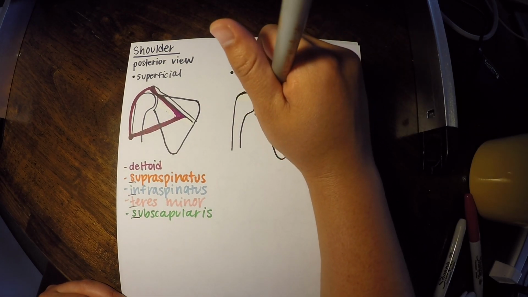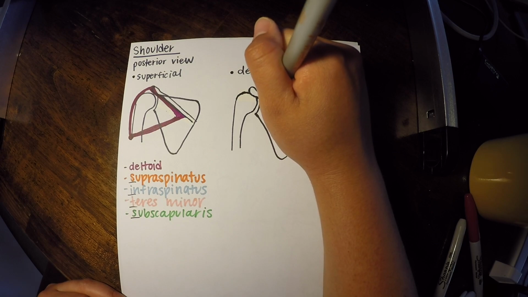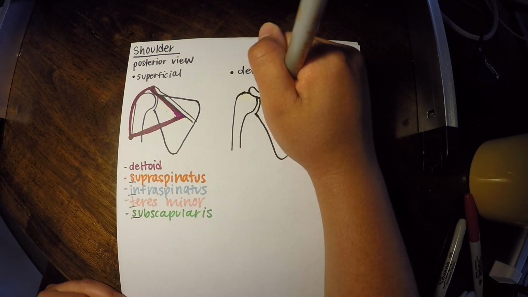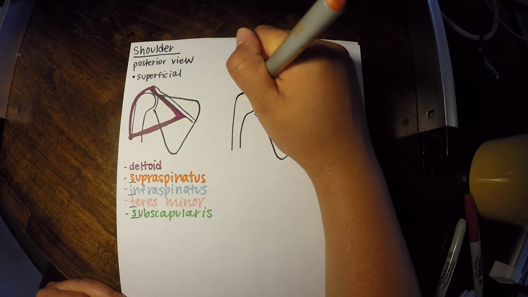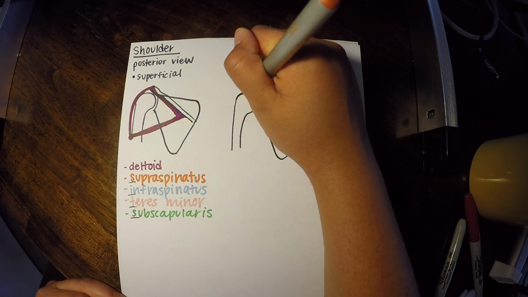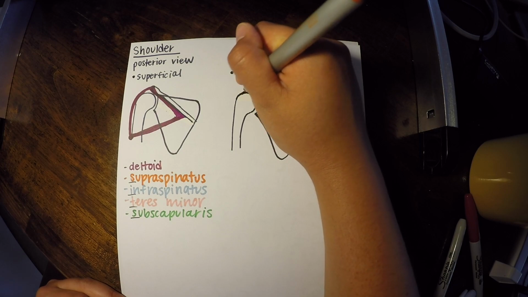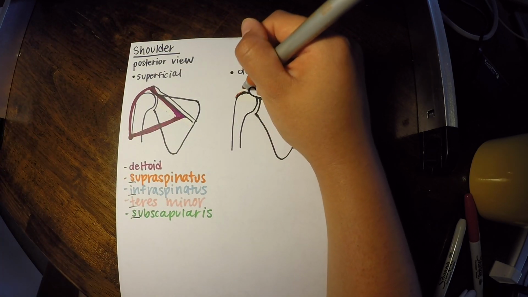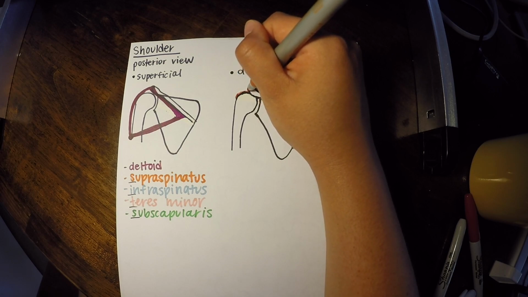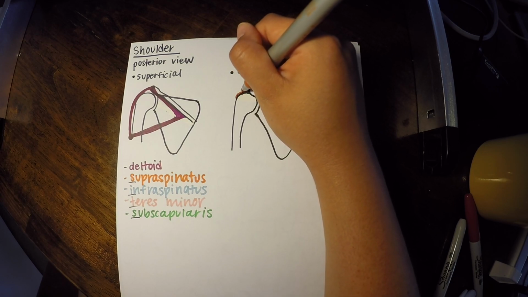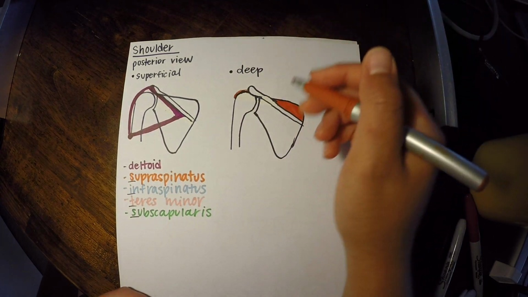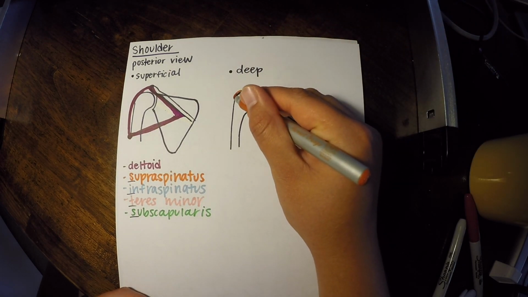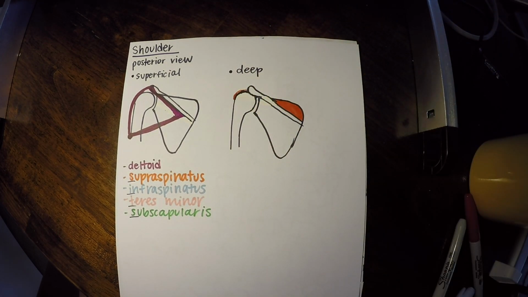So our supraspinatus muscle will be in our supraspinous fossa, and that's actually going to travel underneath the acromion, excuse me, and it's going to go over and attach onto the humerus. So it kind of goes from under here and it peeks out and attaches there. So that is our supraspinatus.